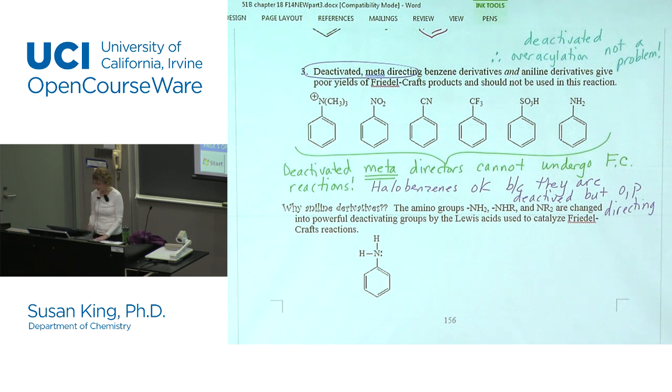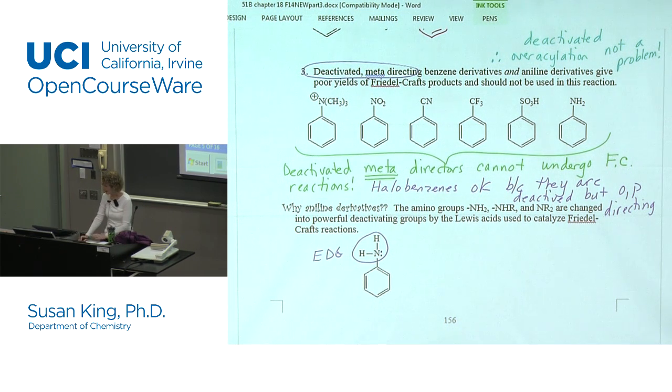So why aniline derivatives, though? Because that's super activated. Here's the problem. This is an electron donating group, right? If you add acyl chloride and AlCl3 to that, what is the strongest base that you have there?